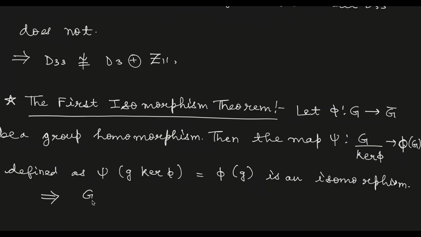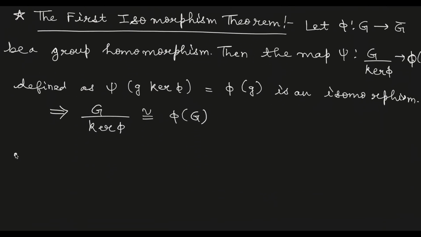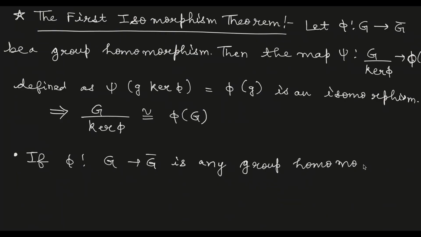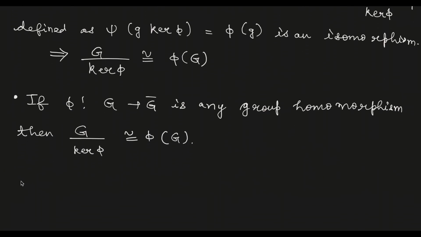This means that G upon kernel phi is isomorphic to phi G. Next, if phi mapping from G to G bar is any group homomorphism, then G by kernel phi is isomorphic to phi G if phi is onto.